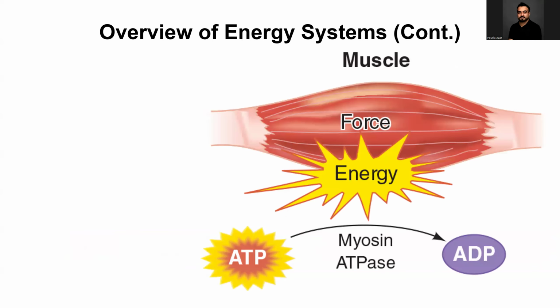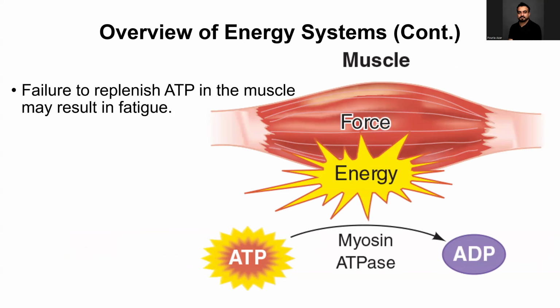And here, any failure to replenish ATP in the muscle may result in fatigue. In rigorous physical activity, we have a persistent contracted state which needs more ATP and more energy.